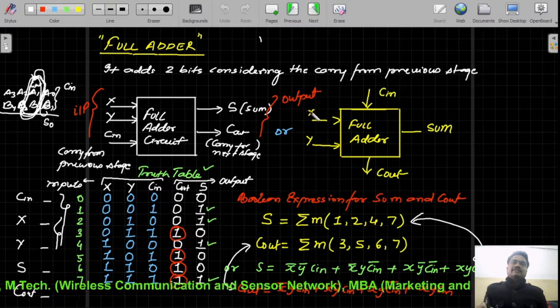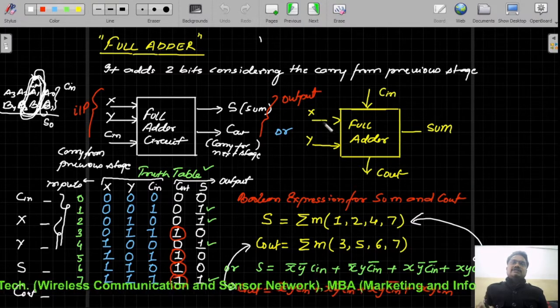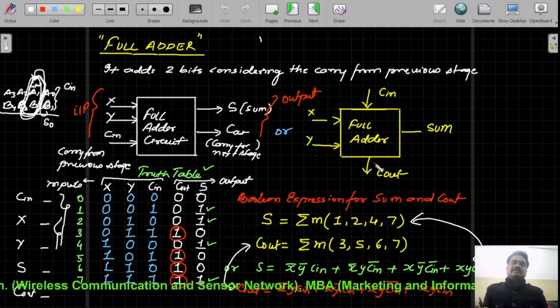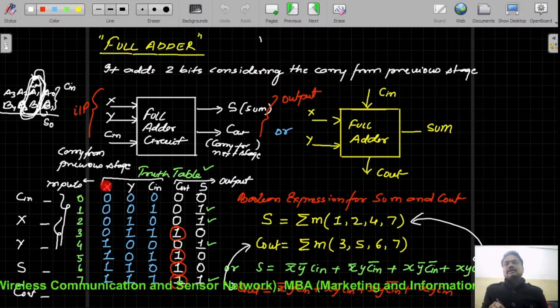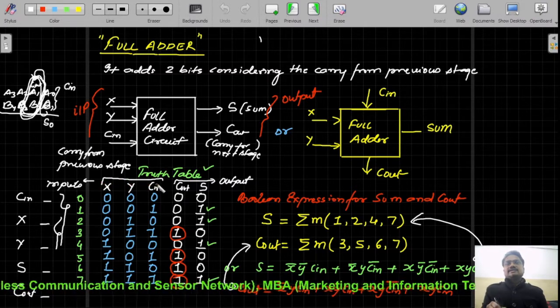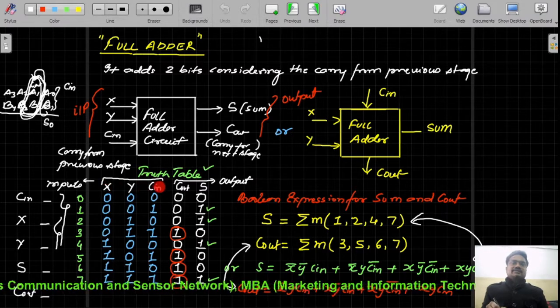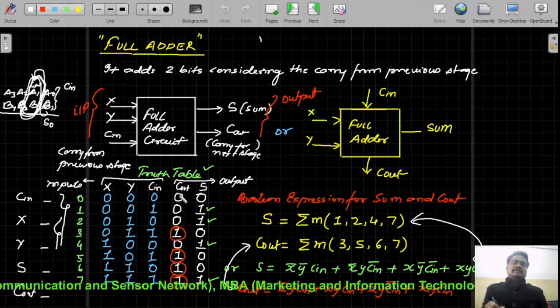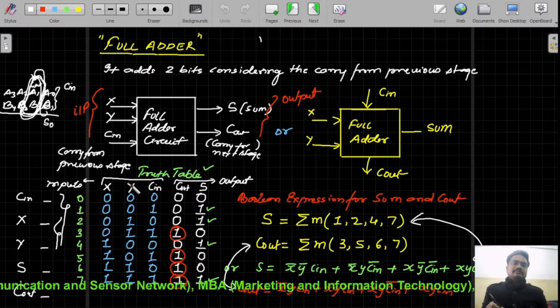So here we have decided that x, y, and c are our inputs, and S and C out are our outputs. So we write x, y, and c here as input variables, and C out and S as output variables.